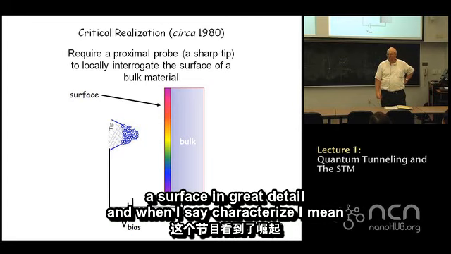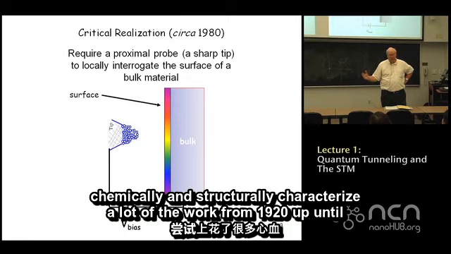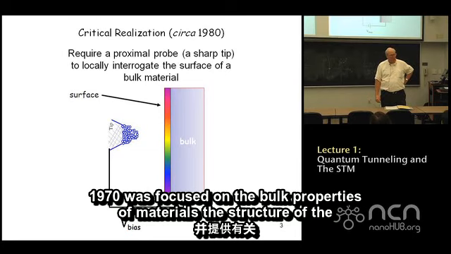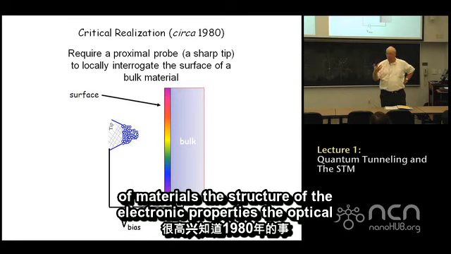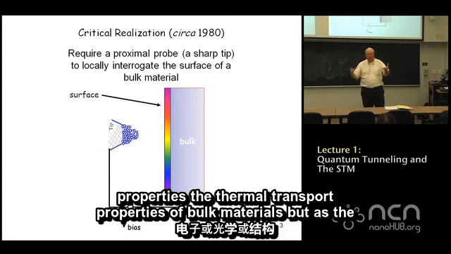And when I say characterize, I mean chemically and structurally characterize. A lot of the work from 1920 up until 1970 was focused on the bulk properties of materials: the structure, the electronic properties, the optical properties, the thermal transport properties of bulk materials.